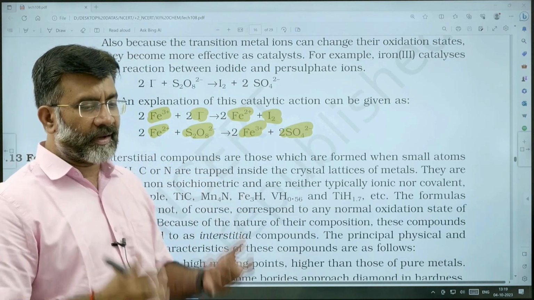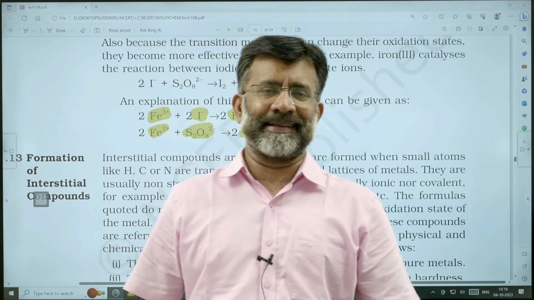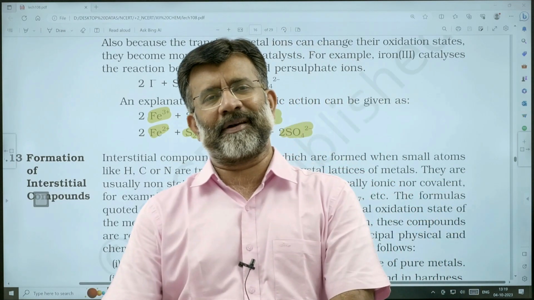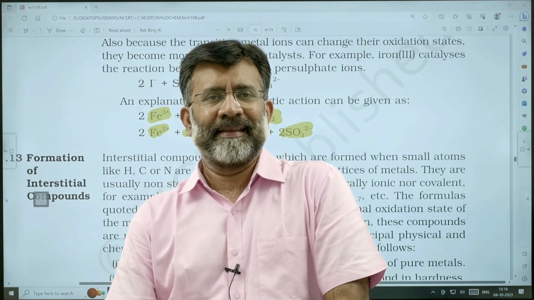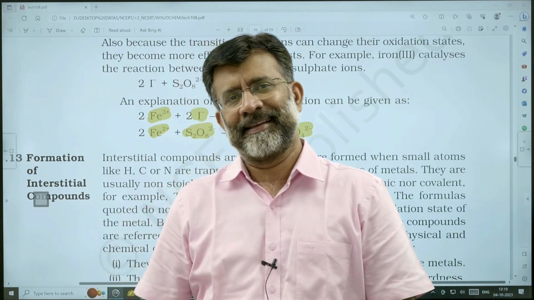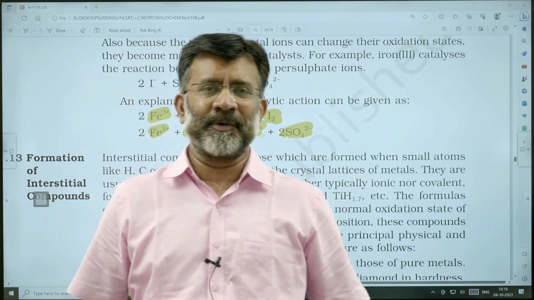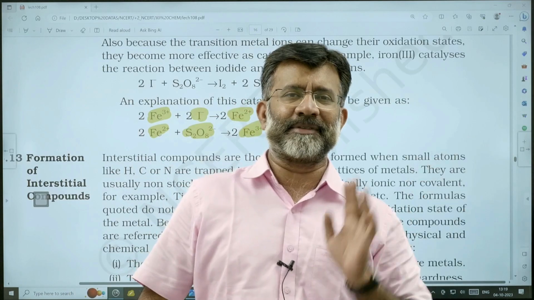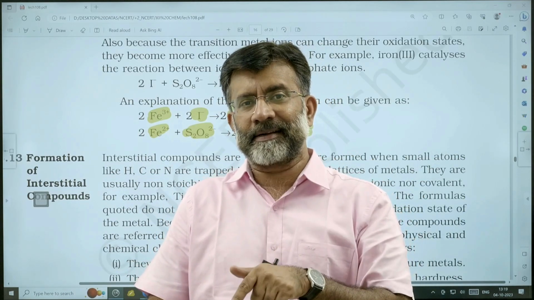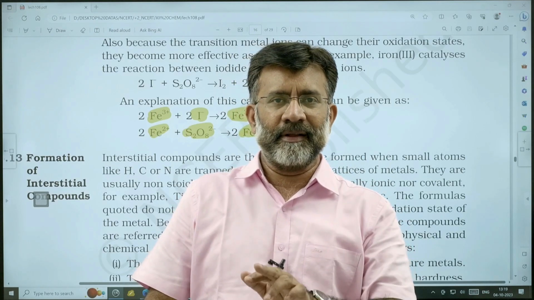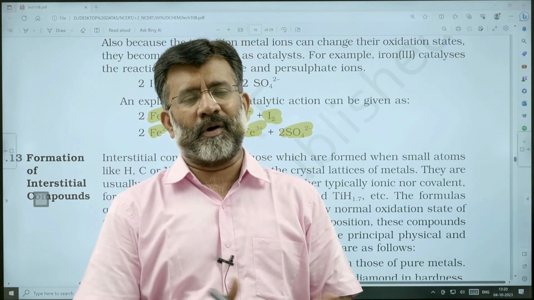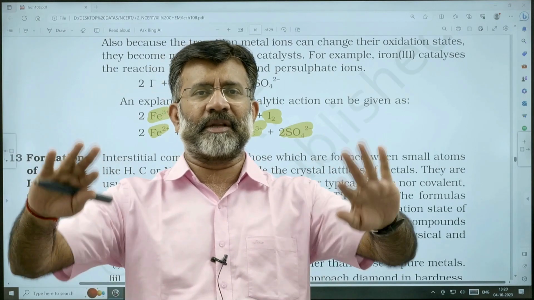In fact, we have to justify the point in such a way that I minus is not directly interacting with the peroxydisulfate. I minus is doing the business with the Fe3+, and Fe3+ itself is converted to Fe2+ and I minus becomes I2. And now Fe2+, ferrous, is interacting with the peroxydisulfate, where Fe2+ is oxidized back to Fe3+, and quantitatively and qualitatively Fe3+ is back.